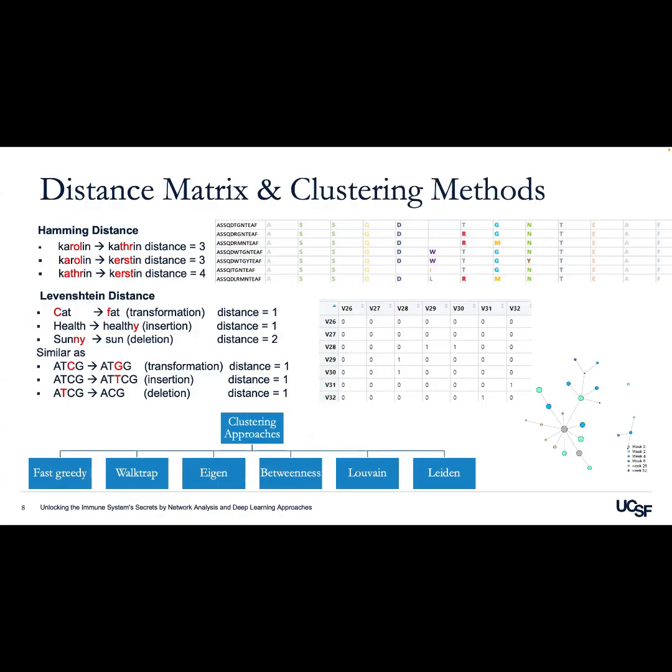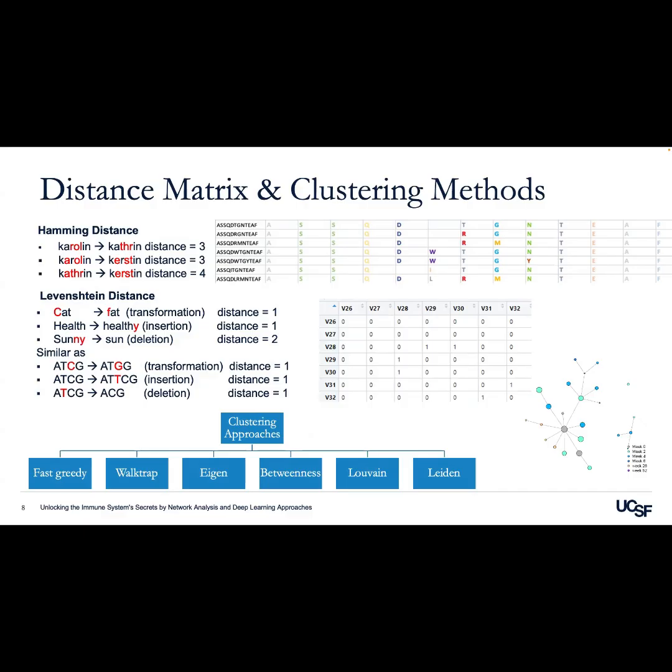We don't spend too much time on the clustering method. We just use existing methods in R packages, and we did some sensitivity analysis, and it turns out that they all perform very similarly. But the distance matrix here matters. We consider two different types of distance. The first one is called Hamming distance.